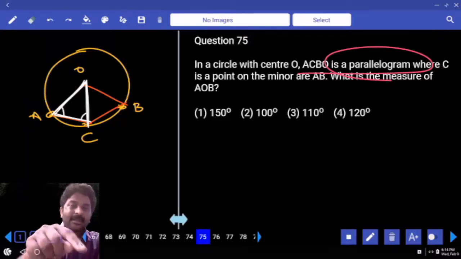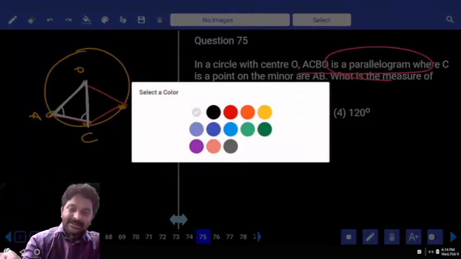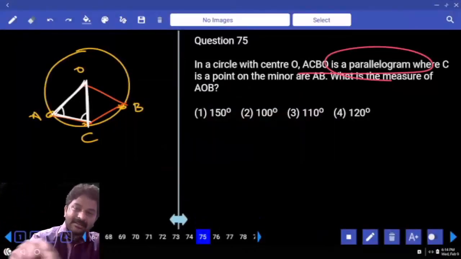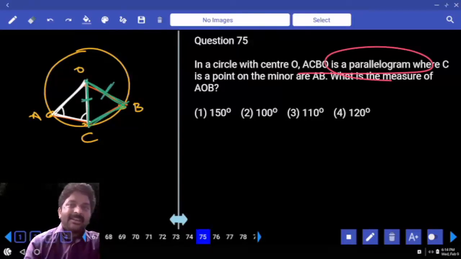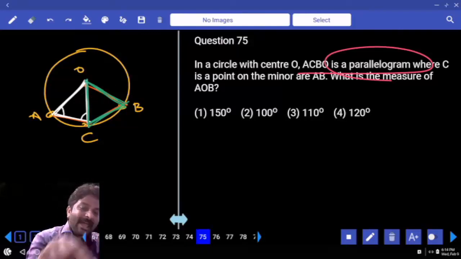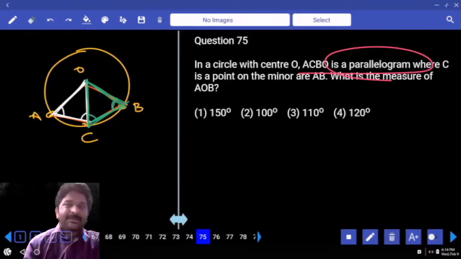Now let me consider triangle OCB, this particular triangle. Here also OC and OB both are equal, then angle at C and angle at B both must be equal.